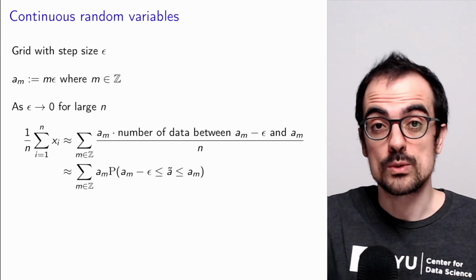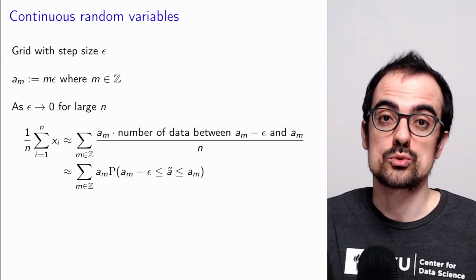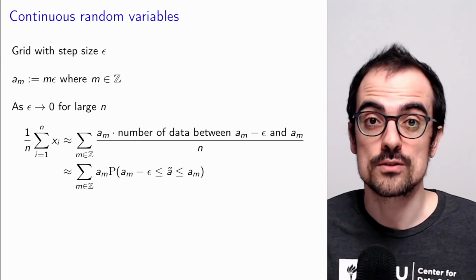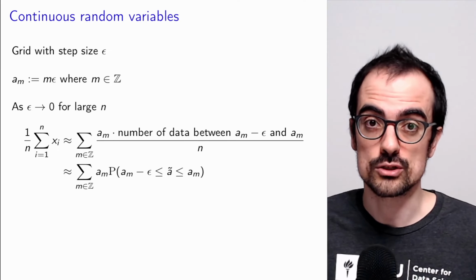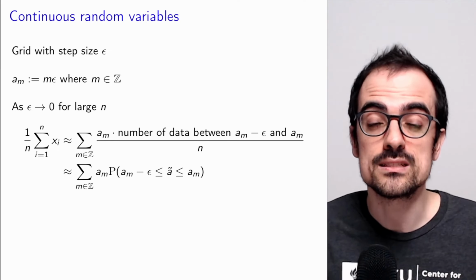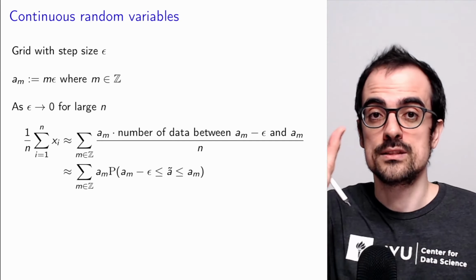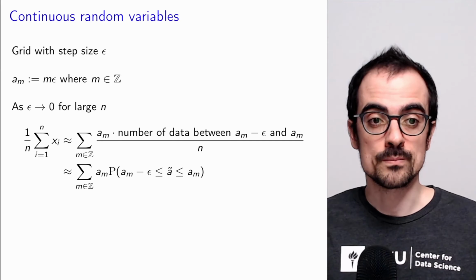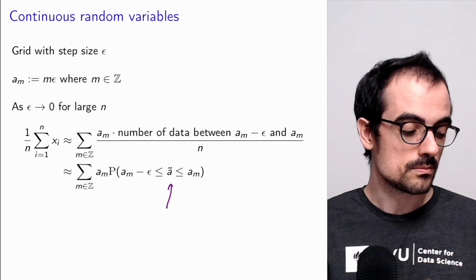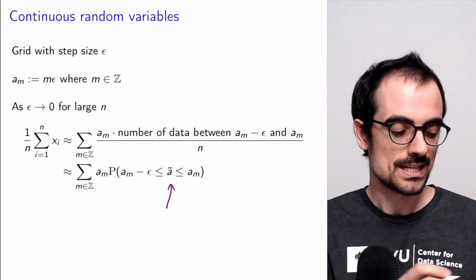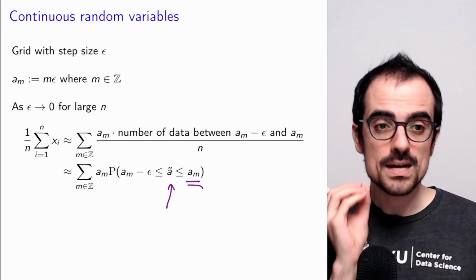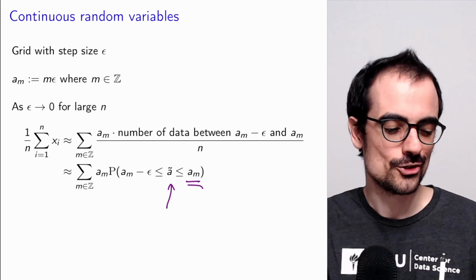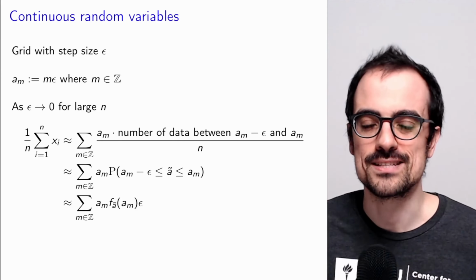And now, since we have a continuous random variable, we're going to try to express this probability in terms of the probability density of the continuous random variable. Remember that the probability density of a random variable is the probability that the random variable is in a certain interval divided by the length of the interval. So this probability can be expressed in terms of the density at AM multiplied by the length of that interval, again, when epsilon is very small.